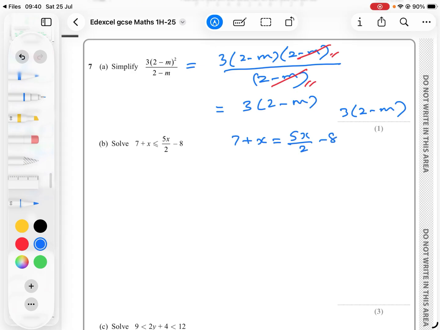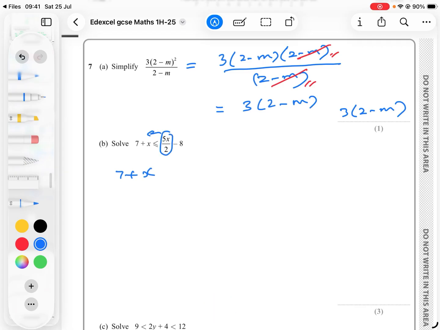What you have to do first is move the x terms together on the left, and move the number 7 to the right. So 7 plus x, you move this to the left.